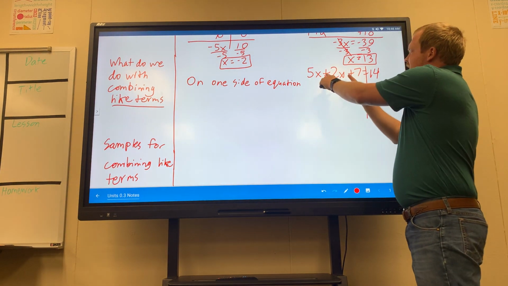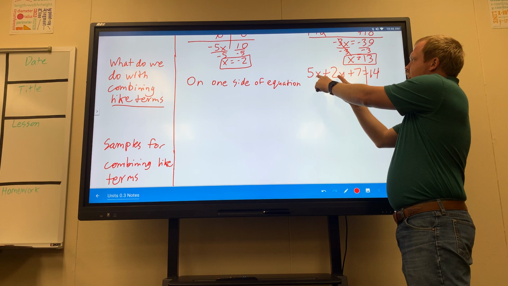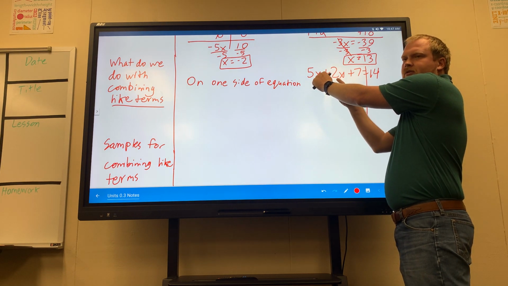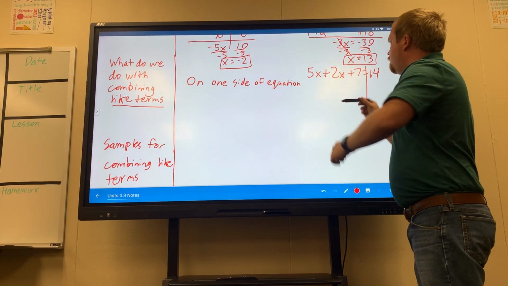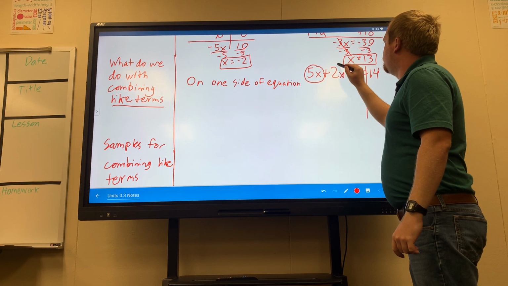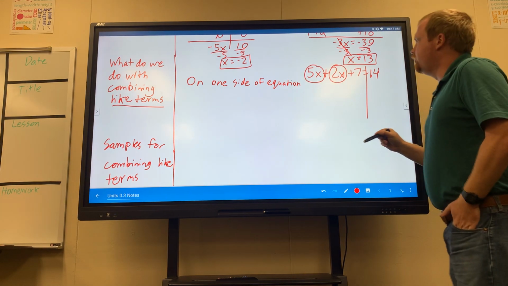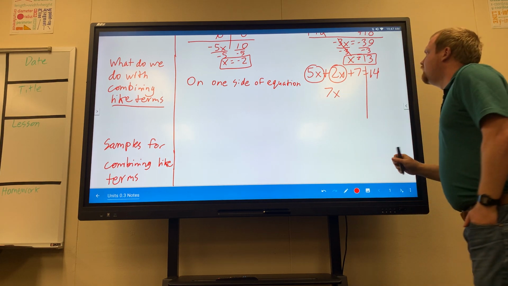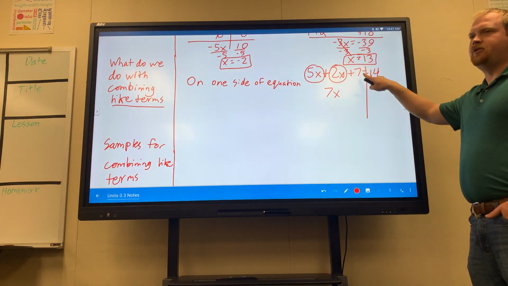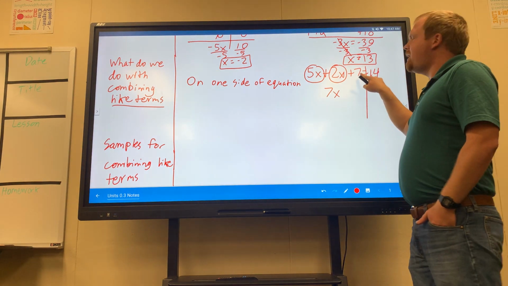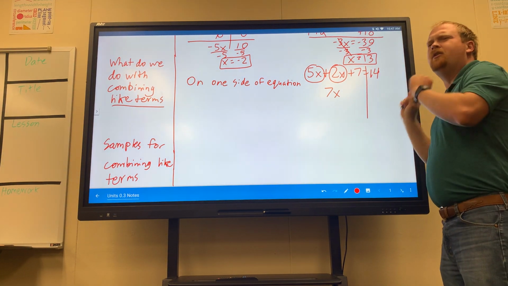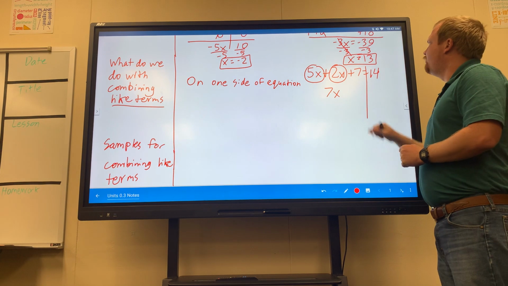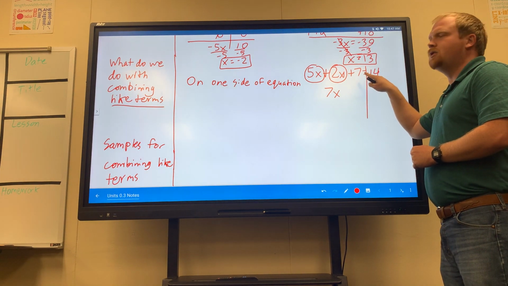There's a 2x and there's a 5x. Since they're similar, I'm going to combine these two to give me 7x. Now, the 7 and the 14 may be similar, but they're not on the same side.